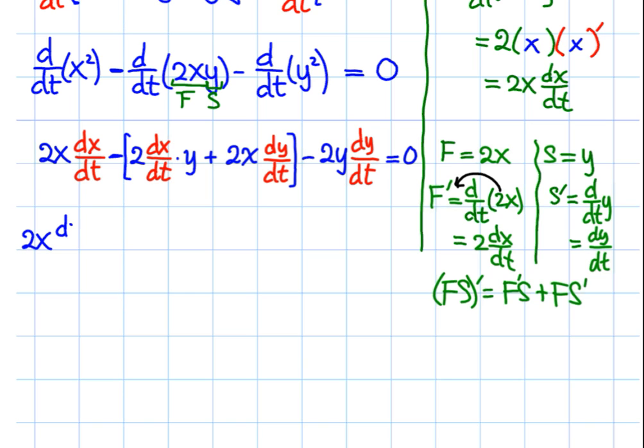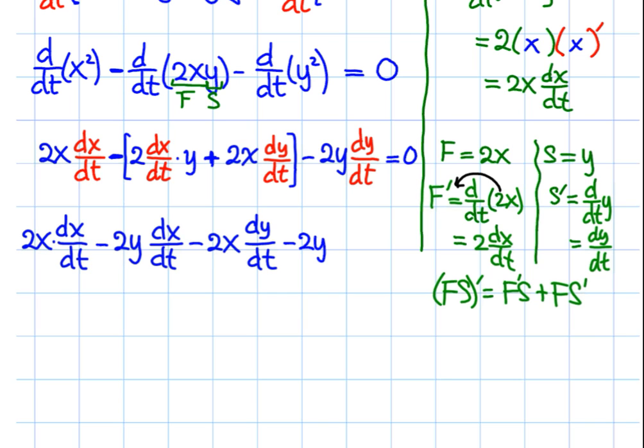Now just write in one column, minus 2y dx dt, and then minus, distribute with the plus, negative, positive, will be negative 2x dy dt, and minus 2y dy dt. Right, so this is what we have.